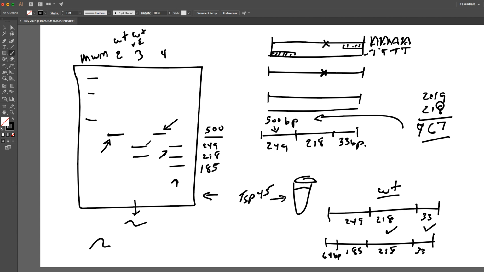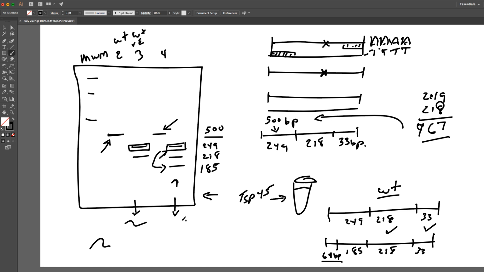I mean, there's two copies of this 249 here, and there's two copies amplified in the reaction, but in this case, one of the two copies must be cleaved to generate the 185 base pair band, and that gives us a remainder of 64 base pairs, which again must be run off the bottom of the gel. That's what I think. They don't mention it in the paper, but I think that's what's going on.